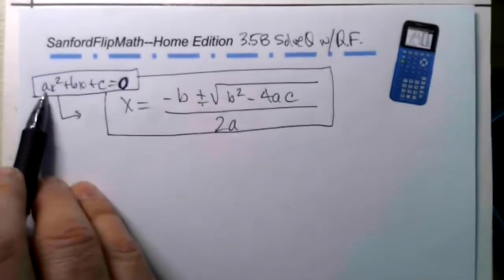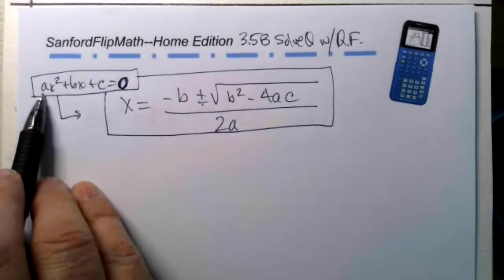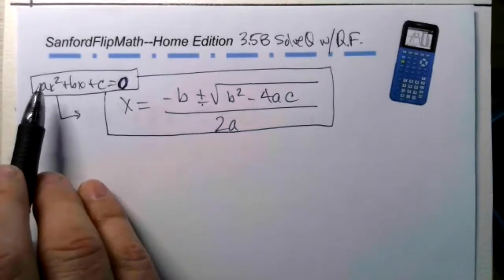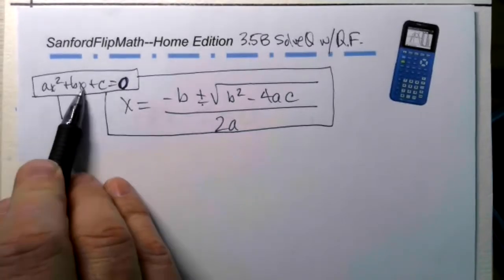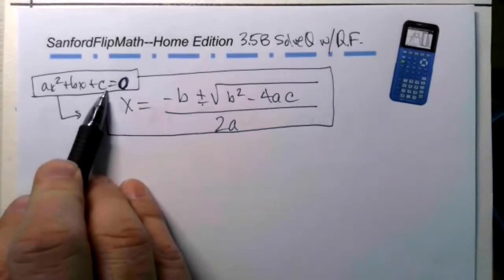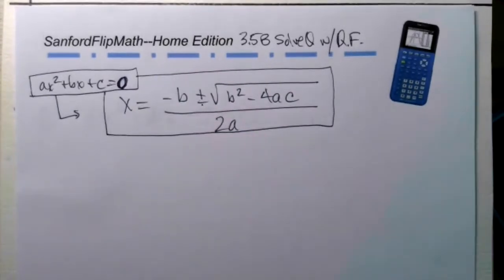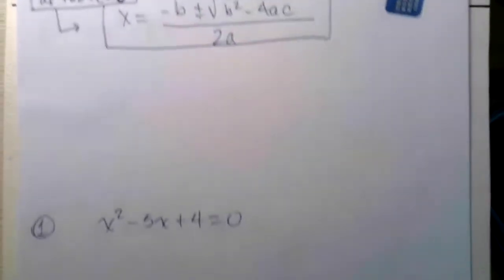And again, it's using that same format that we've been using now for weeks. Ax squared plus bx plus c equals 0. So it needs to be in order from the squared to the not squared to the no x at all, and then equals 0. Okay. All right. So that is the quadratic formula. It didn't tell you anything about where it comes from right now because time is an issue for us.